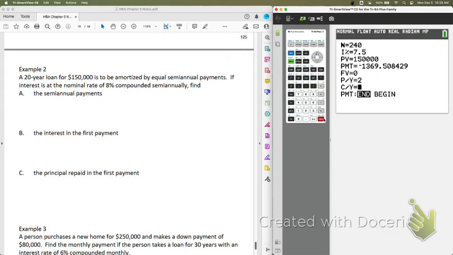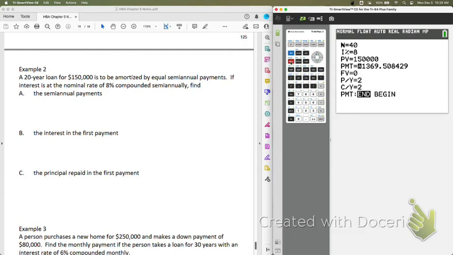So what's my N? 40. 8%, 40 payments, I guess, is truly what it is. All right, so the first thing I want to find is the semi-annual payments. So what am I solving for? Payment, PMT.